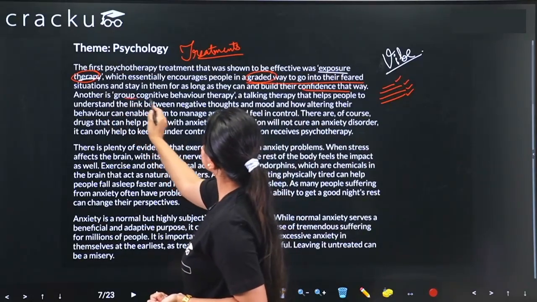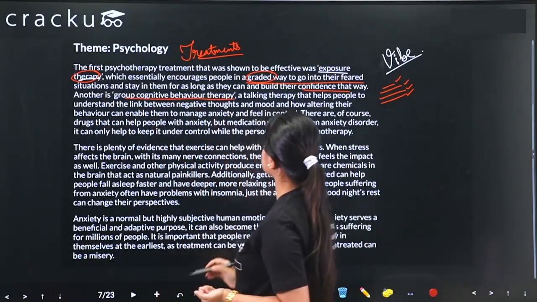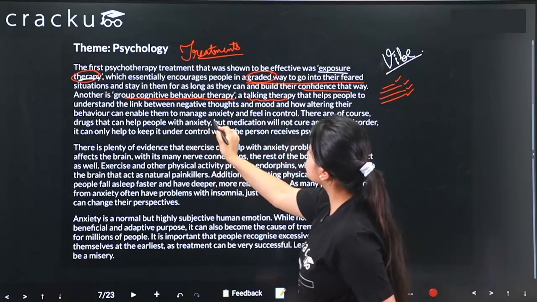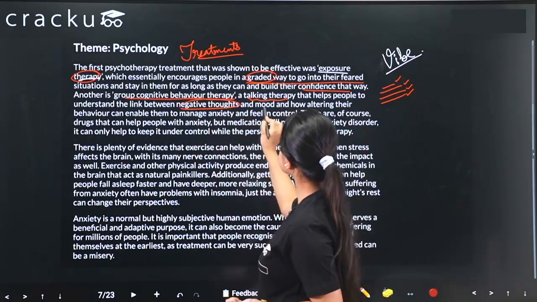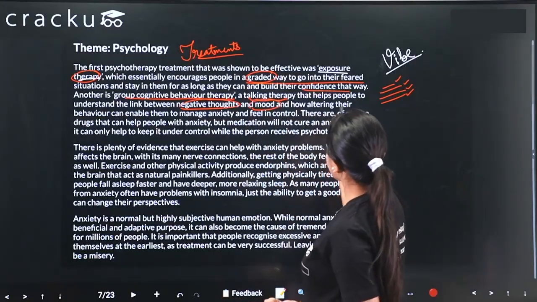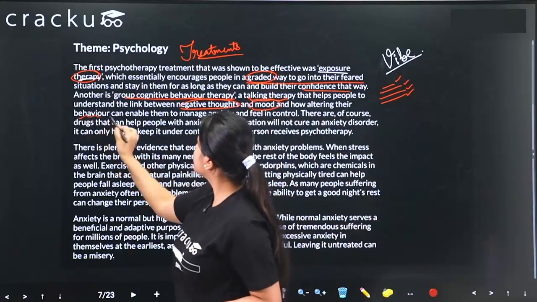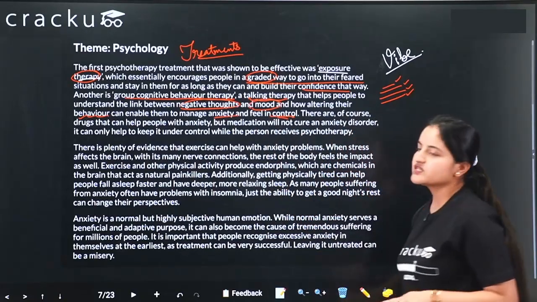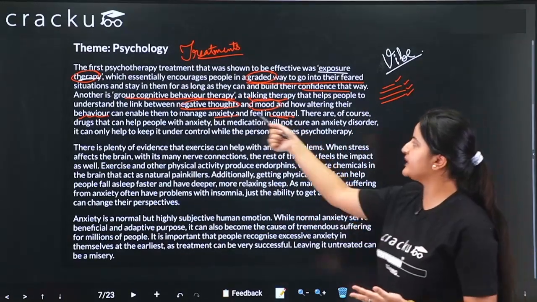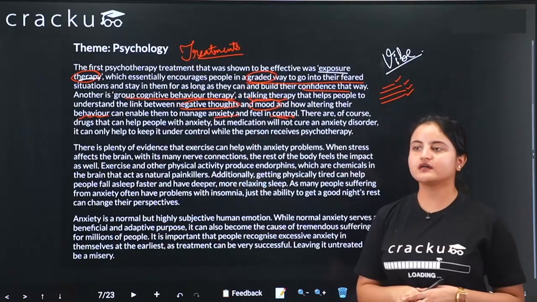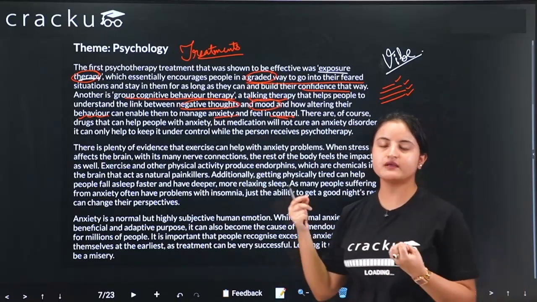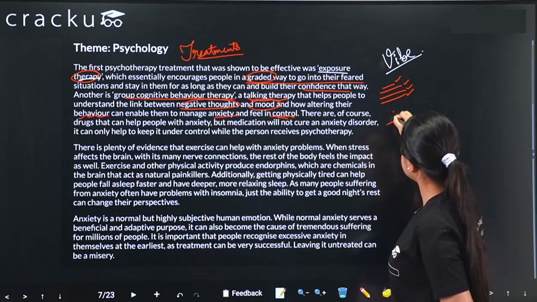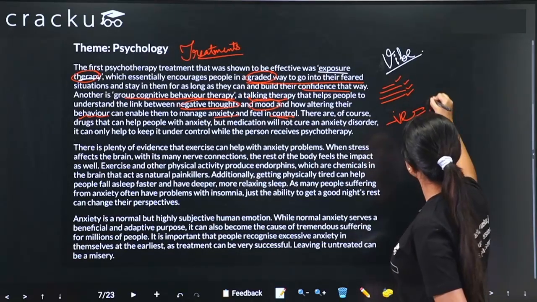Another is group cognitive behavioral therapy, or talking therapy, that helps people to understand the link between negative thoughts and mood, and how altering their behavior can enable them to manage anxiety and feel in control. So another treatment method is behavior therapy, where the therapists make people understand that there is a link between thinking negatively and your mood.